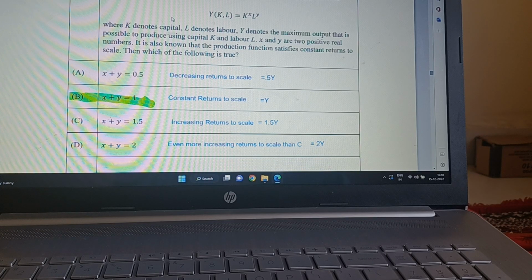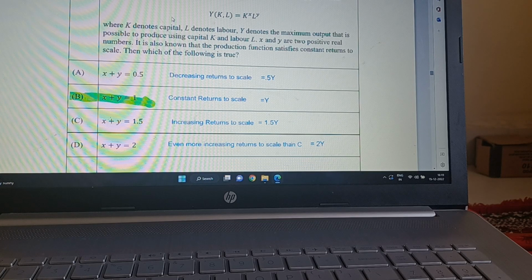So it is decreasing returns to scale, and when the inputs are doubled, means k and l are doubled, the output would increase by only 0.5y. When x plus y is equal to 1, this is constant returns to scale, and when inputs are doubled, output will also be doubled, or output will increase by y.